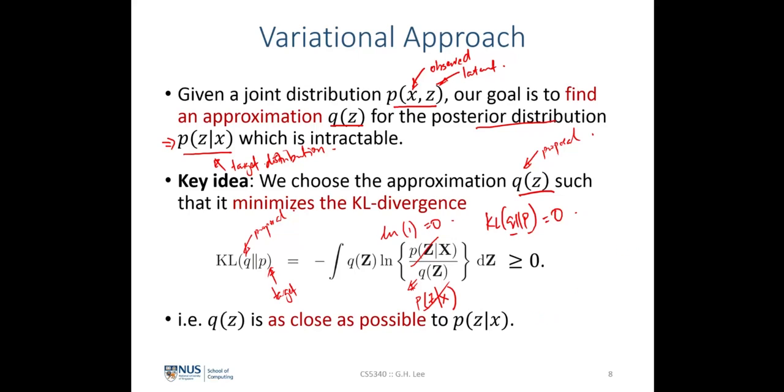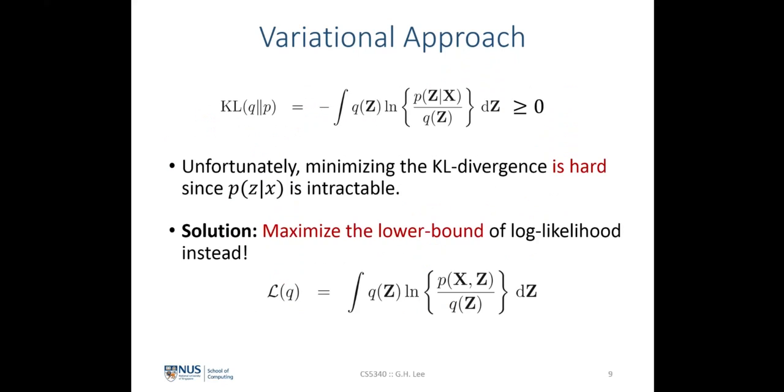And in this case, the KL divergence would be minimized. Unfortunately, putting the posterior distribution of Z conditioned upon X into the KL divergence expression, which is in the first place intractable to compute, won't make it easier to compute for the approximate proposal distribution Q(Z).